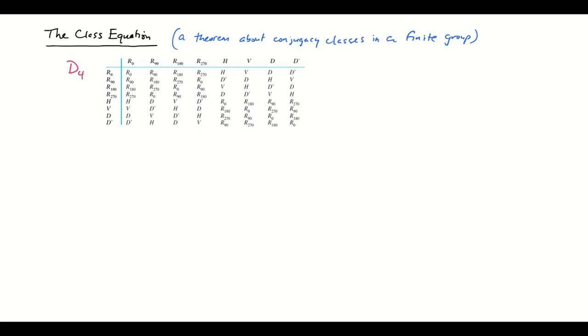Okay. So the question I want to ask here, just by way of introducing what the class equation is, is: what are the conjugacy classes of D4?